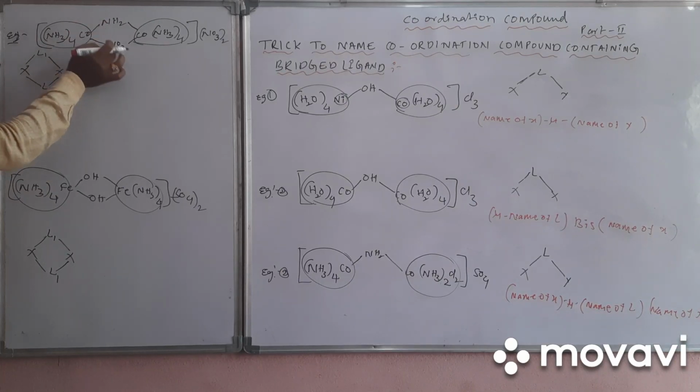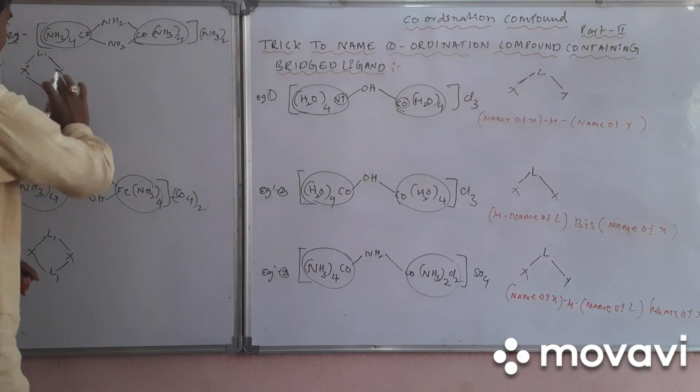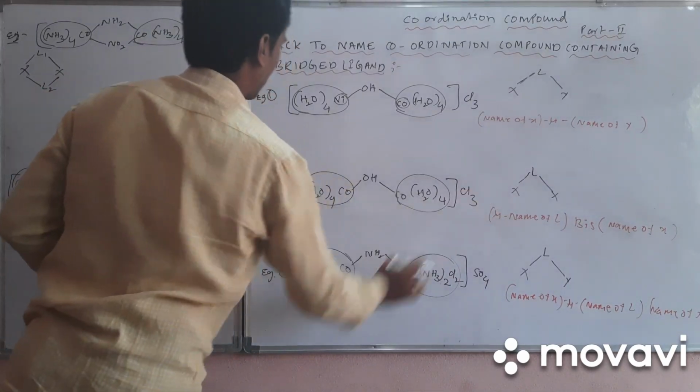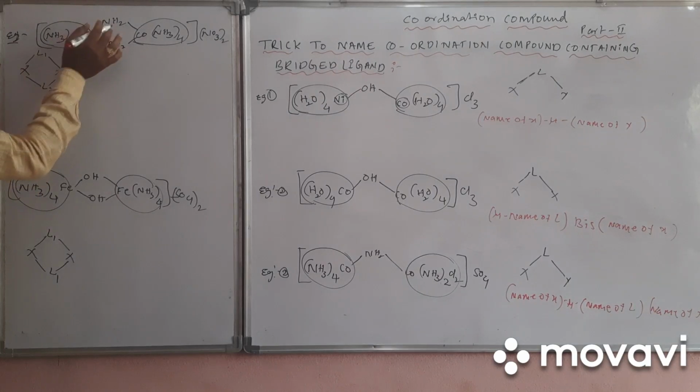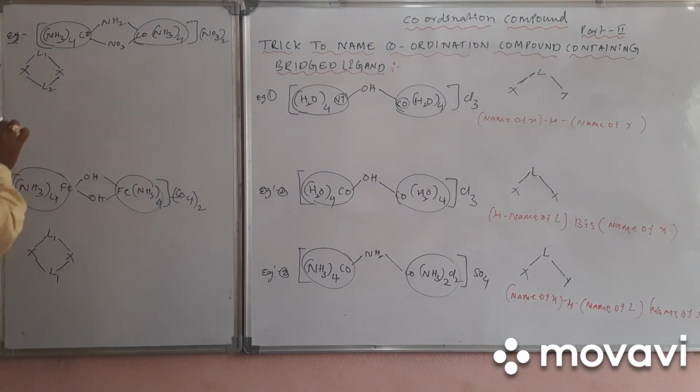Next in this case, let us say these two X are the same, but these two ligands are different. That's why we go to the second rule. First we go to the ligand names. These two ligand names are different.